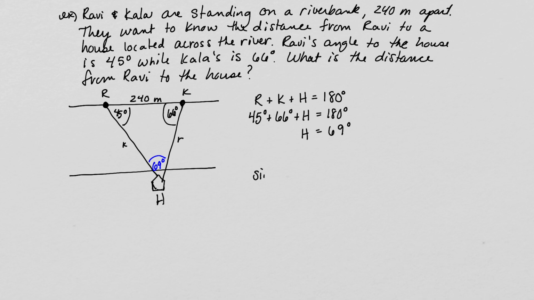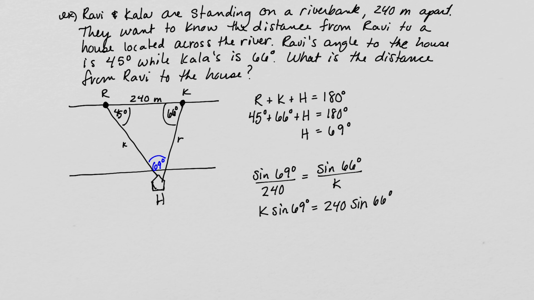So the sine of 69 degrees over 240 has to be equal to the sine of 66 degrees over k. If I cross multiply, k sine 69 degrees equals 240 sine 66 degrees.